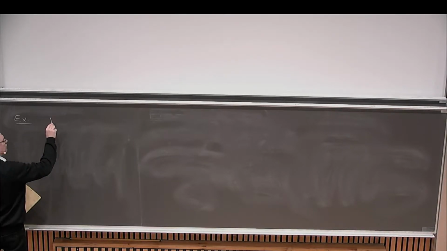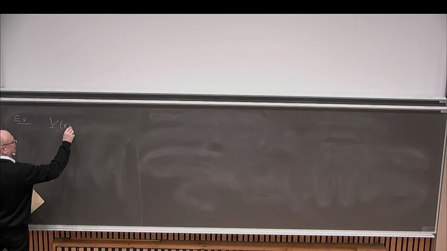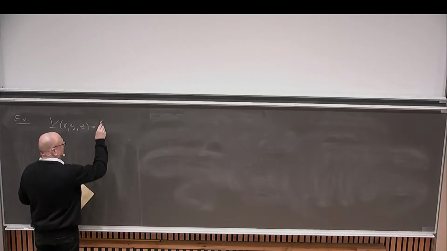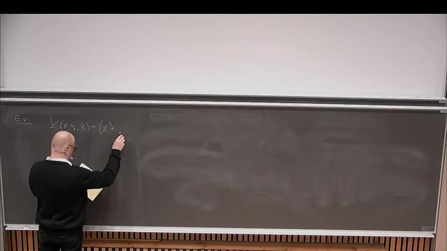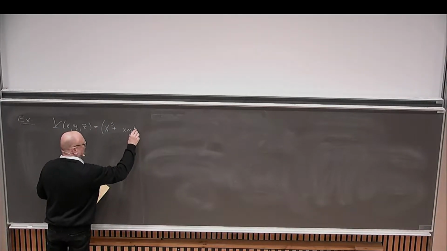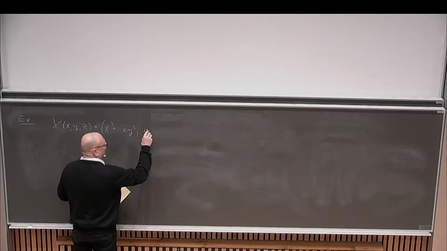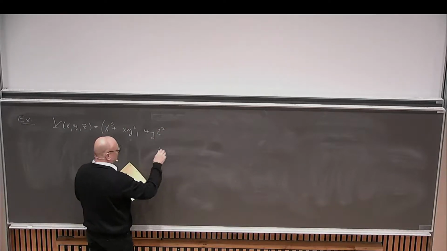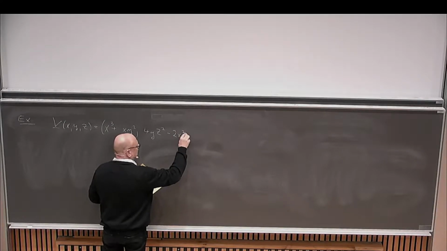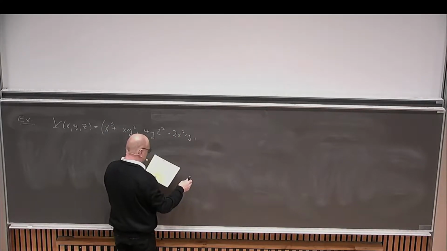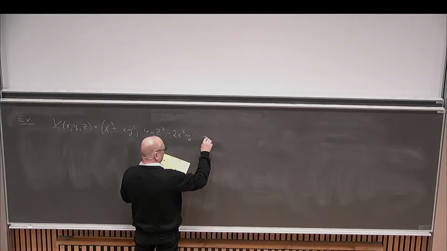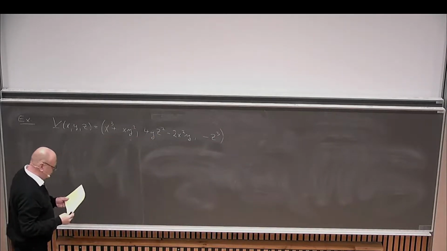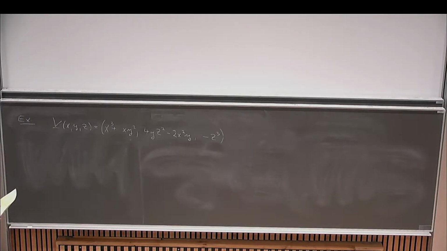And here you have this vector field, x, y, z, is equal to x cubed plus xy squared, and then 4y z squared, minus 2x squared y, and then finally minus z cubed. So this is pretty ugly.